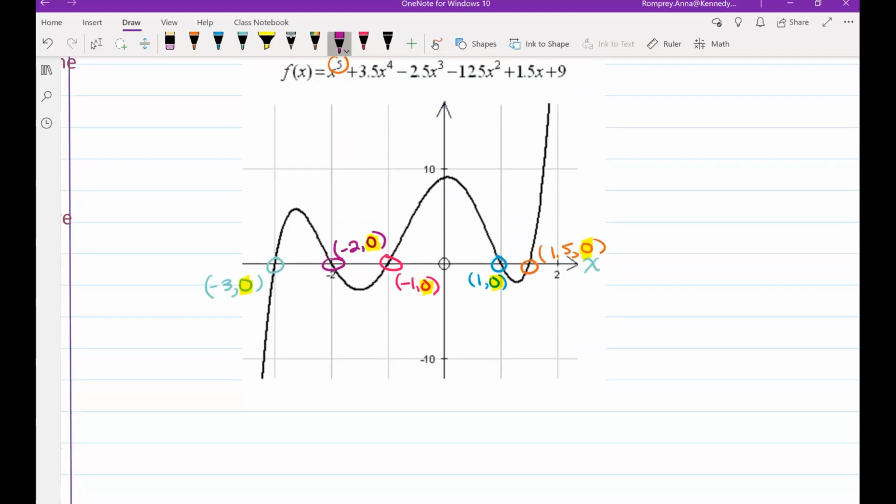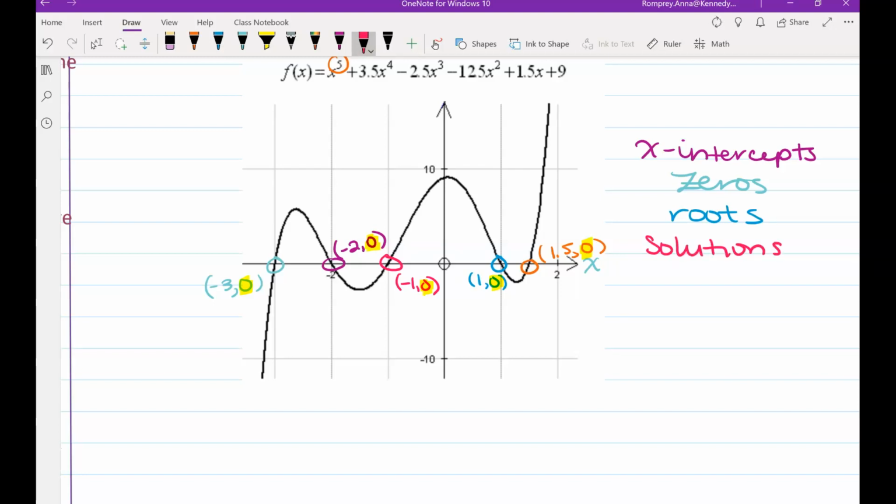So, our x-intercepts are also known as zeros. They are also known as roots. And they are also known as solutions. All of these words represent x-intercepts. So they could ask you, find the zeros, find the roots, find the solutions.